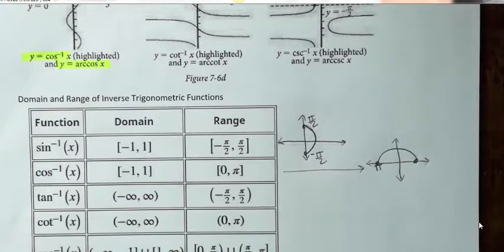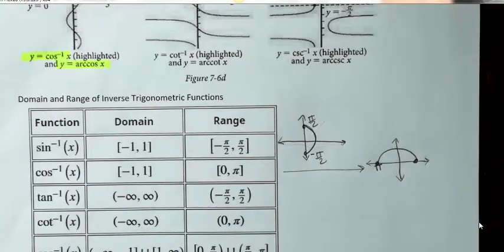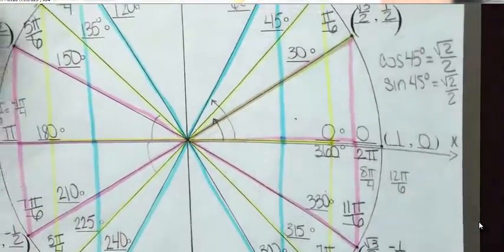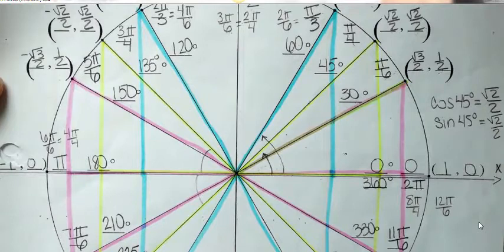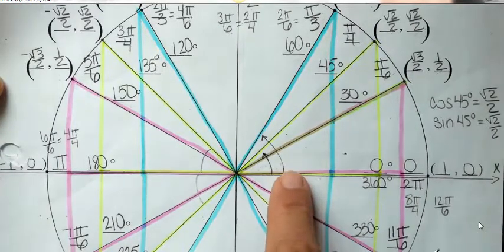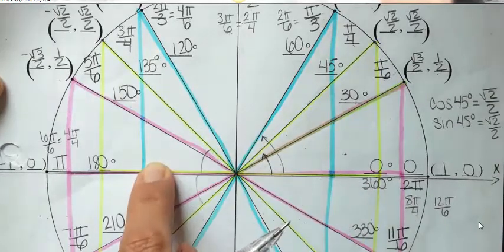So looking at my unit circle, if I'm given the cosine of some angle equals something, I know that I'm only going to be looking between 0 and pi.